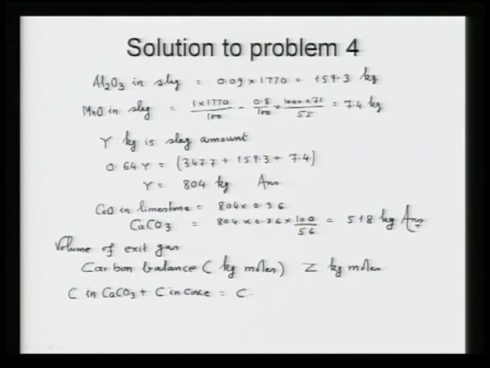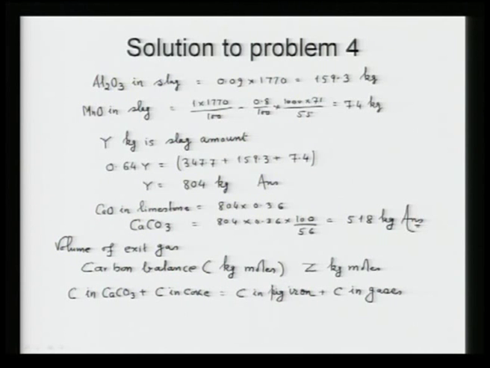So, while doing the carbon balance you have to consider the carbon content of calcium carbonate, because that is also entering. That should be equal to carbon in pig iron plus carbon in gases.